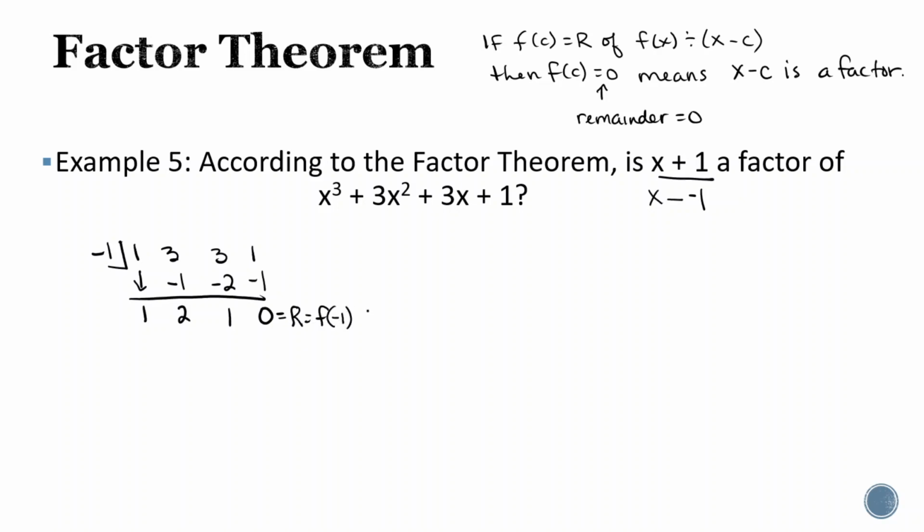So if it equals 0, that means that x plus 1 is a factor. Okay, so that means that this polynomial is divisible by x plus 1 with no remainder. That means x equals negative 1 is a root or a 0, and x plus 1 would be a factor.